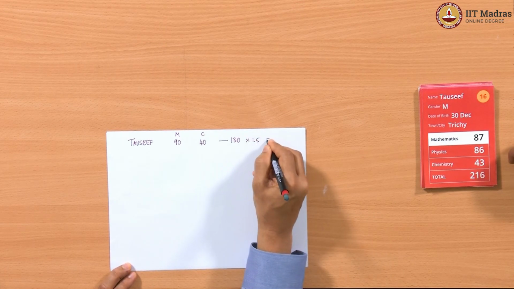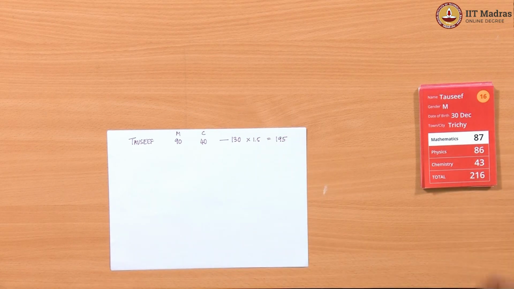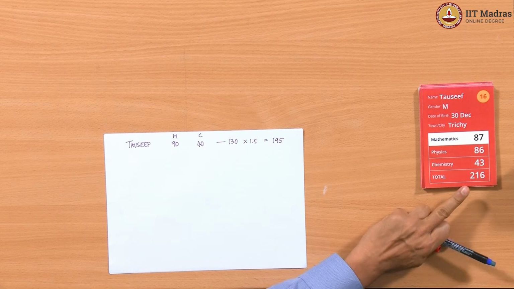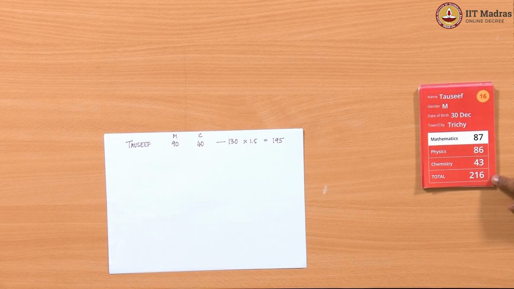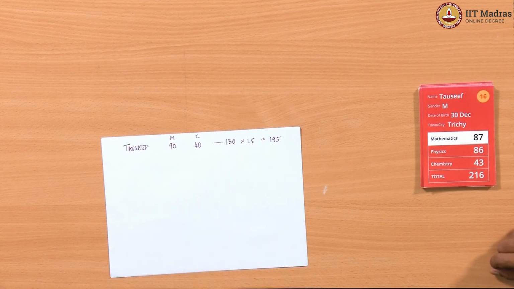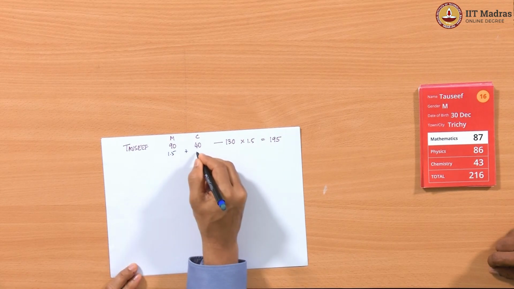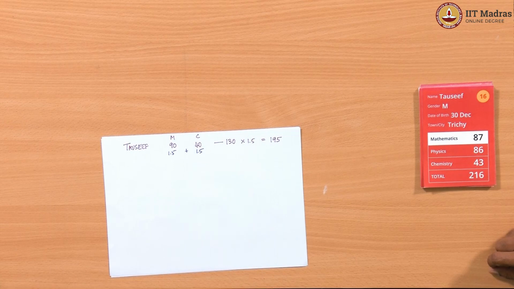This rule is what you started with, and we hopefully will change it. But 195 is quite far away from 216. It's underestimating. So what do I change? Do I change 1.5? This is like saying I'm taking 1.5 times the sum, so I'm giving equal weightage to maths and chemistry.